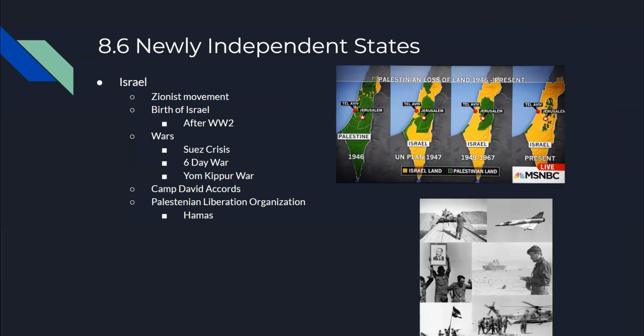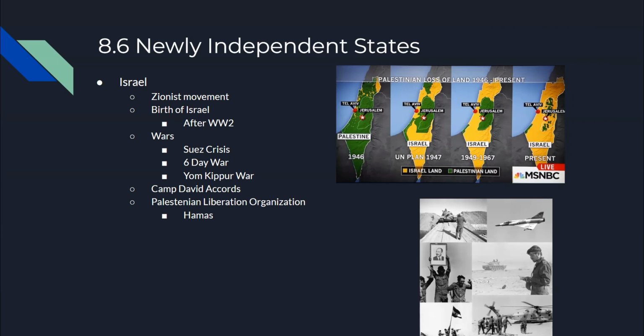Sorry if I can't explain it that well. After World War II, many European Jews who were left after the Holocaust went to this place called Israel and created a new country from there. After that, many countries tried to attack Israel and invade it, which caused a lot of issues.